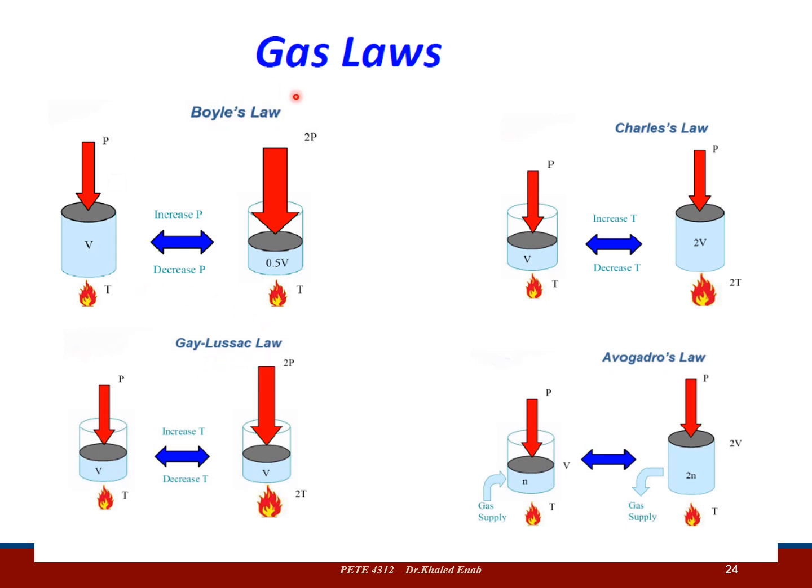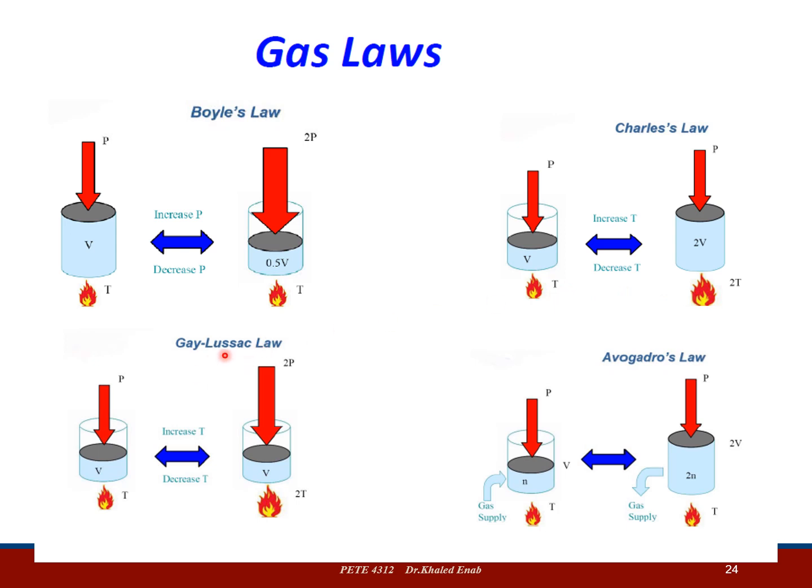As you can notice, Boyle's law considers constant temperature, and we try to measure the relation between the pressure and the volume. If I double the pressure, how will the volume react? In Charles' law, we have constant pressure and see how the volume responds to a change in temperature.